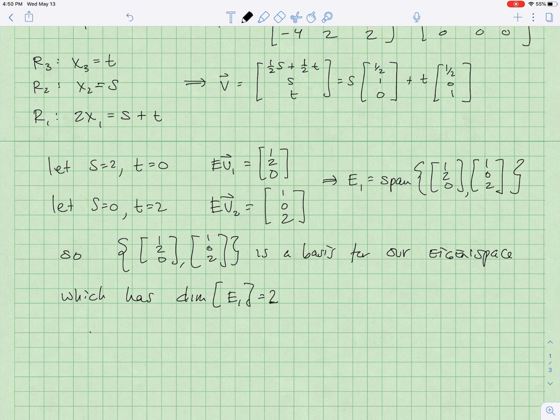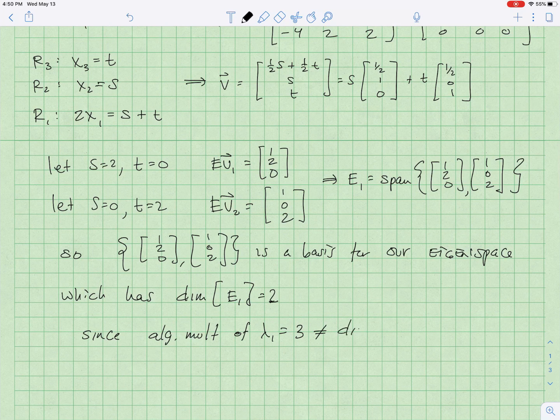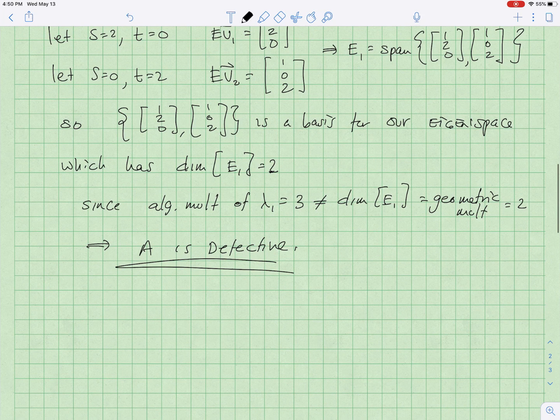Or, since the algebraic multiplicity of lambda 1 is 3, which is not equal to the dimension of the eigenspace, which is our geometric multiplicity, equal to 2, A is defective. The end.